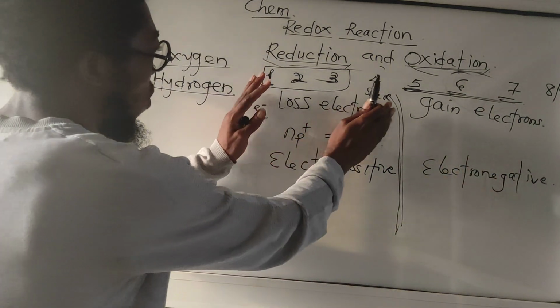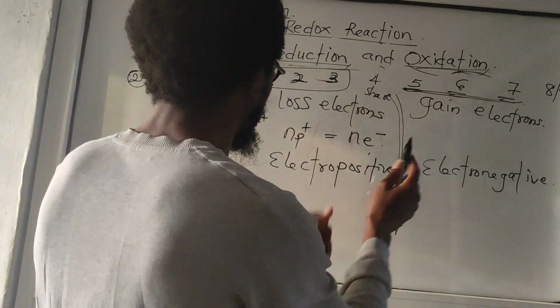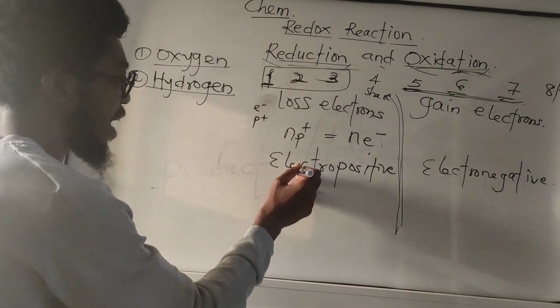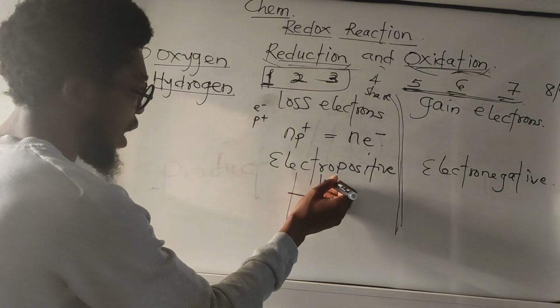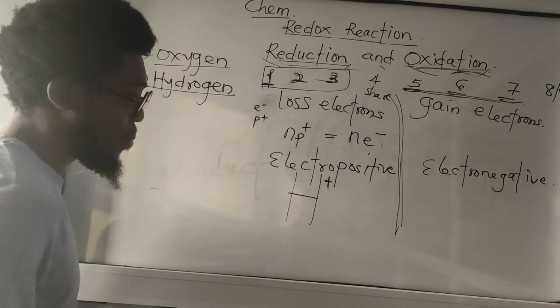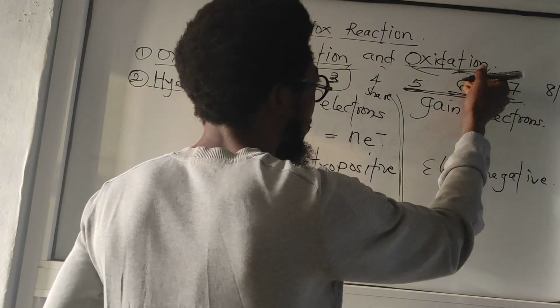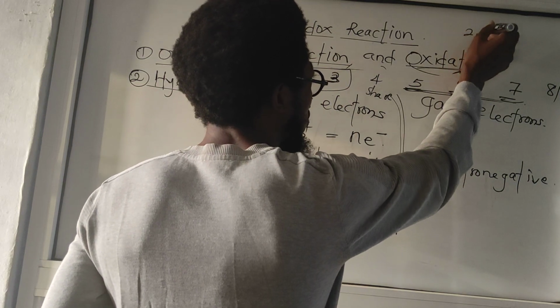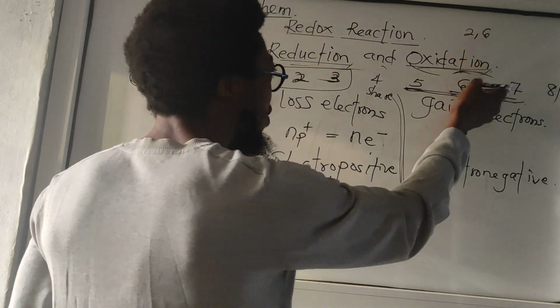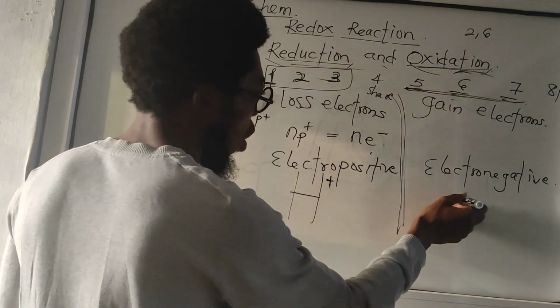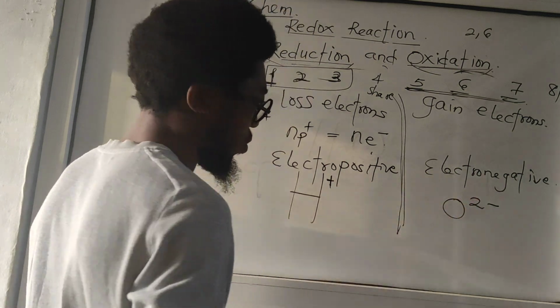The reason why I have to explain these two groups is because the element hydrogen belongs to this group. Hydrogen loses an electron to become H+. Oxygen belongs to group 6, atomic number 8, 2,6. It always gains 2 electrons and becomes O2-.